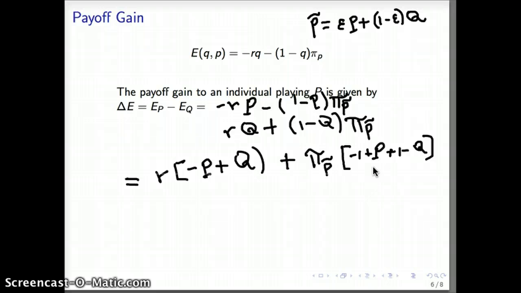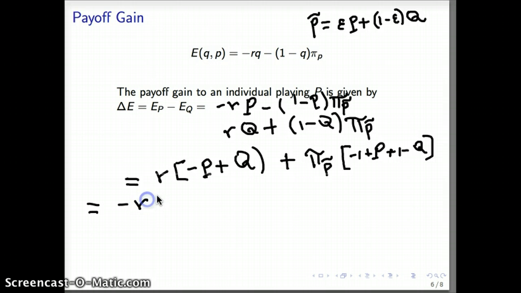So now this negative one cancels with that one, and we can make this look like this.